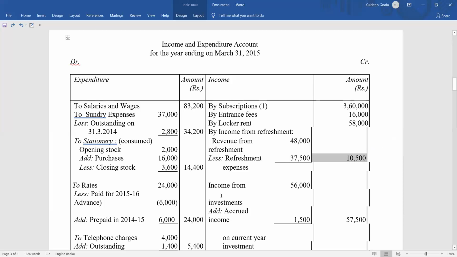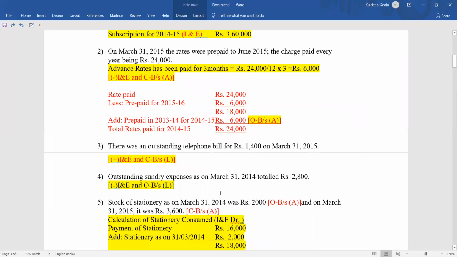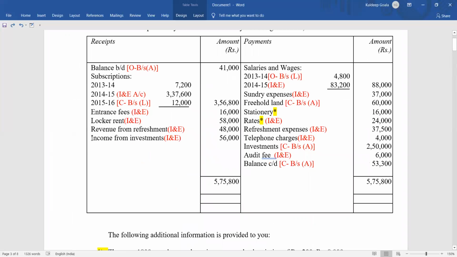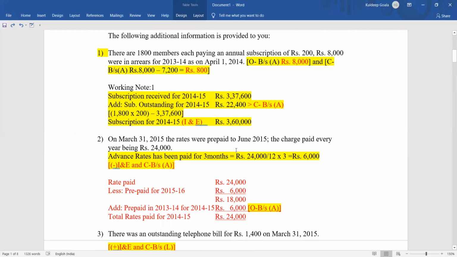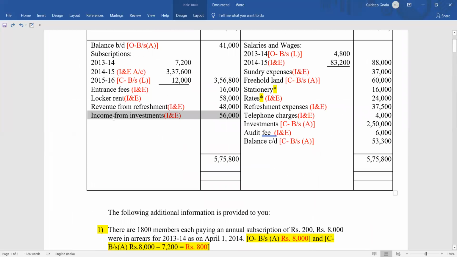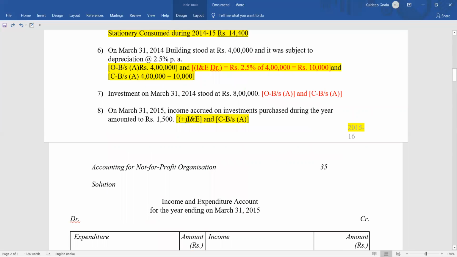Now let's see what is the next item. Income from investment, it is 56,000, and along with that there is an adjustment. We saw that. What was that? Interest on investment, right? Remember that income from investment is 56,000. After that, income accrued was how much? 1,500. That will be added, right?